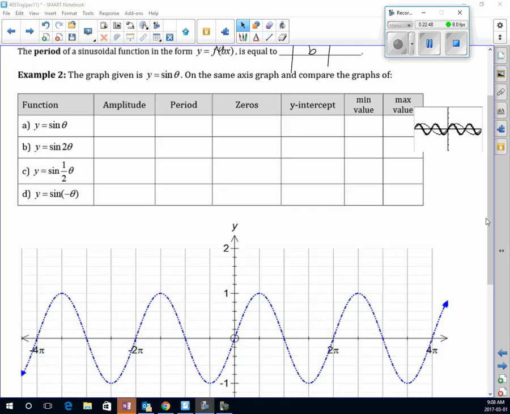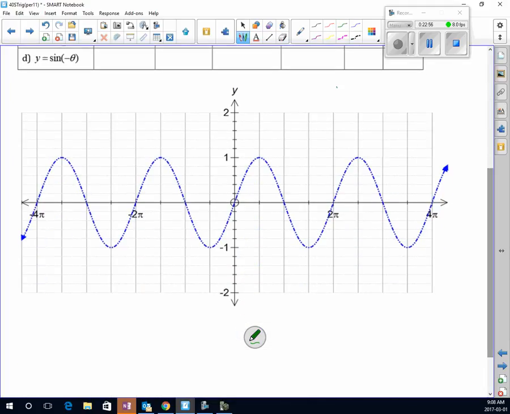Okay, so let's graph it on here. I'll use green for the first one. So basically what's happening here is, does anybody remember what this was? Pi over 2. So instead of getting a height of 1 at pi over 2, it's half the amount of time; it's getting to 1 at pi over 4.